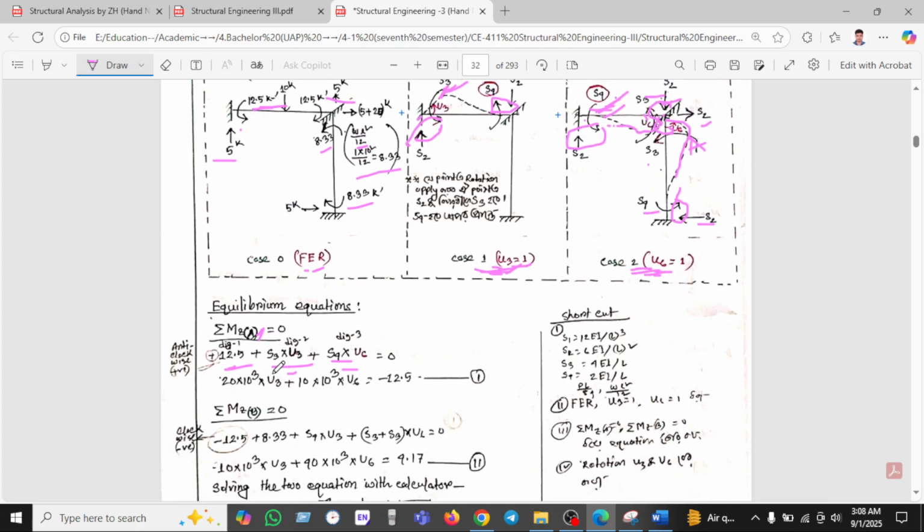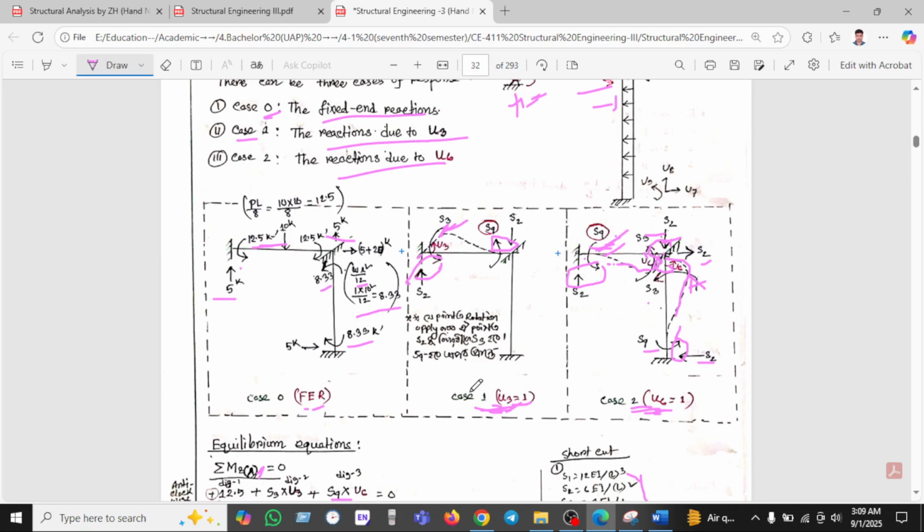Now we are putting this below as S3, S1, S2, as we have been solving here, putting 10 into 10 to the power 6, and finding this below here, and we are just taking the equation here.